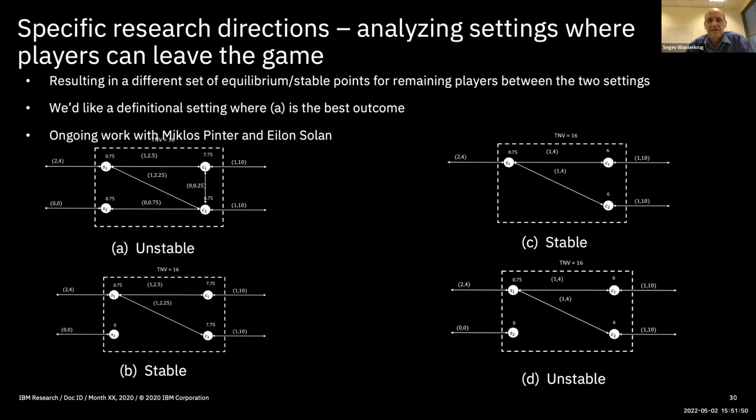So this is an example of a trading network where we have two suppliers and two retailers. This is work with Miklos and Aylon.